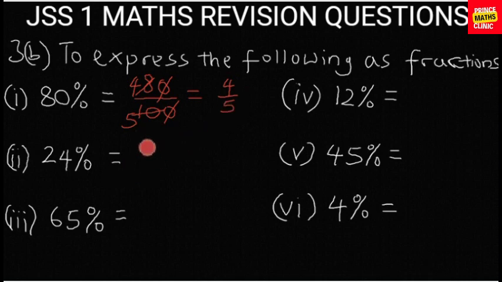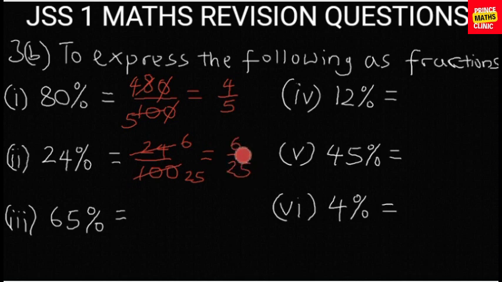Then the next one is also over 100, 24 over 100. Good. So I don't want to waste time. 4 can go in 24 6 times. So you have to know your times table because 6 times 4 is 24. Then also 4 can go in 100 25 times. So the result here becomes 6 over 25.